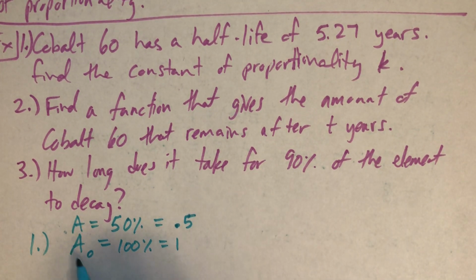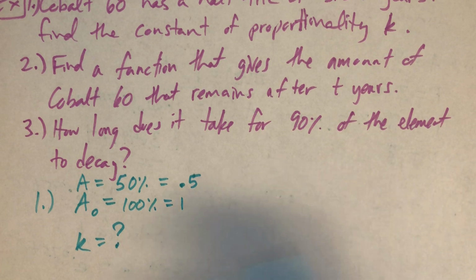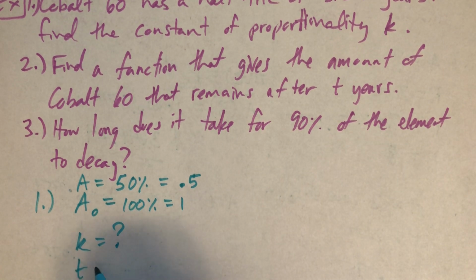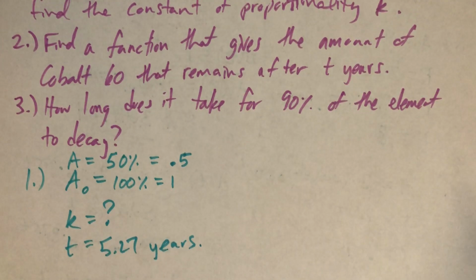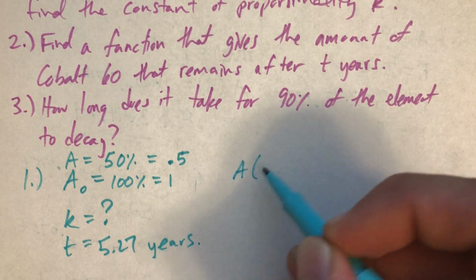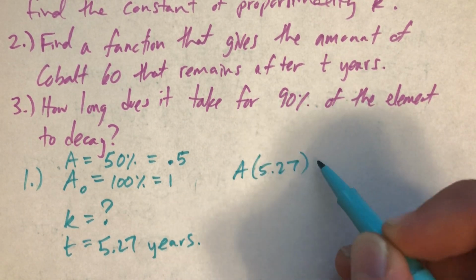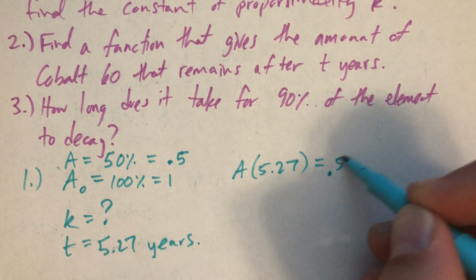Okay, so we've got that, we've got that. K is the piece that we don't know. And T is, well, 5.27 years. Okay, so now that we have these arranged, we can say that A of 5.27 would have to be 0.5.